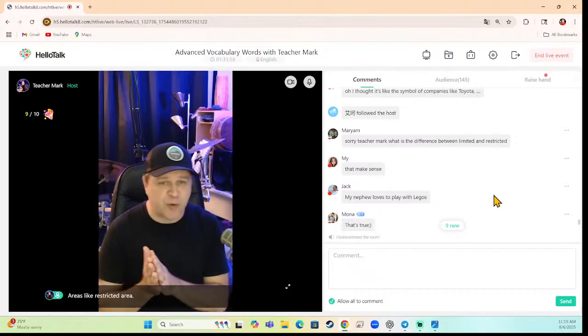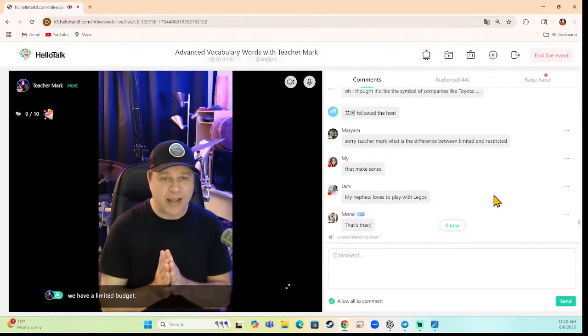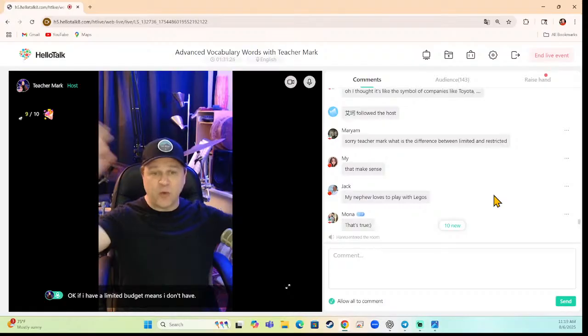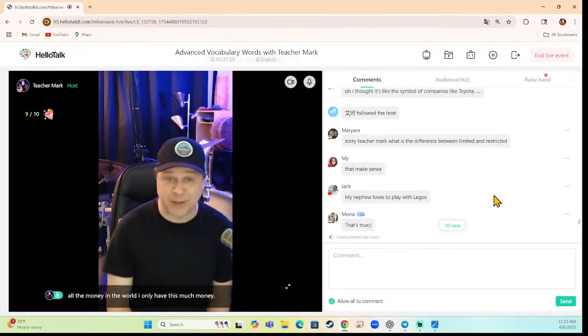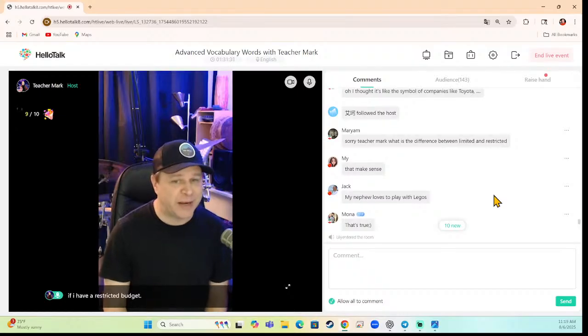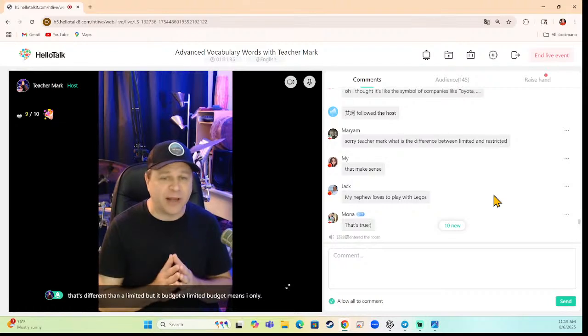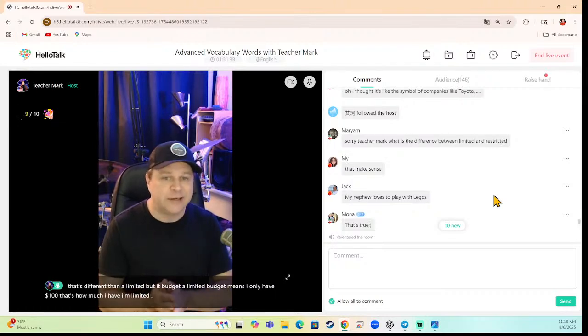Whereas limited is more like budget. We have a limited budget, okay? If I have a limited budget, it means I don't have all the money in the world. I only have this much money. If I have a restricted budget, that's different than a limited budget. A limited budget means I only have $100. That's how much I have. I'm limited by that much.